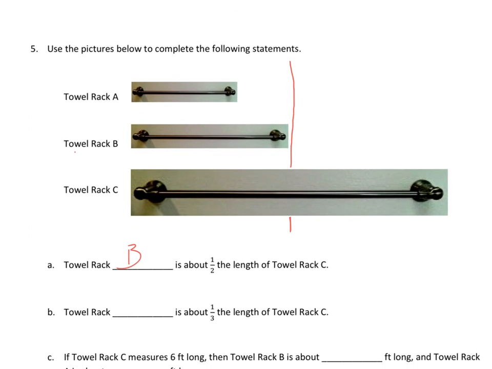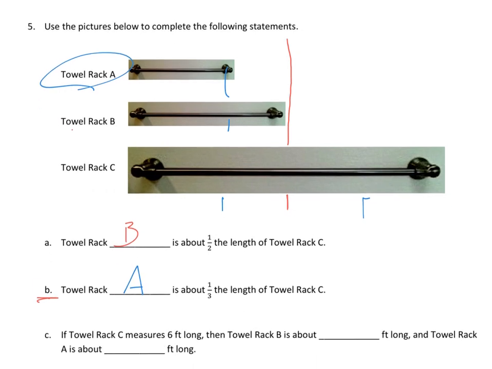If I slide down to B, towel rack blank is about 1/3 of the length of towel rack C. So now I have to break this into thirds, and I'm kind of off on that one, pretty bad actually. But we see which one is closest to it. I can see towel rack A. It's about 1/3.